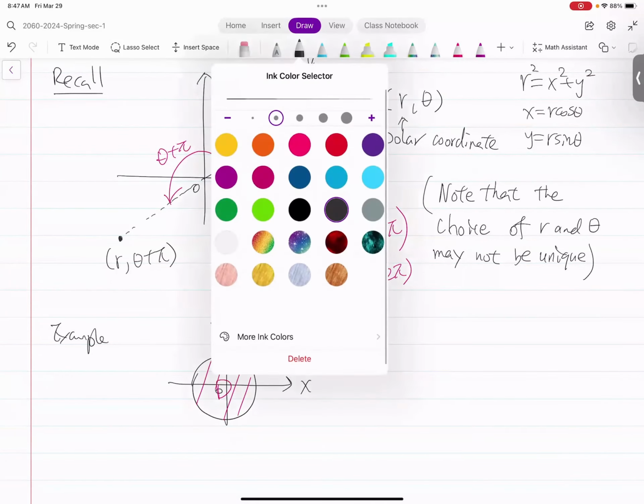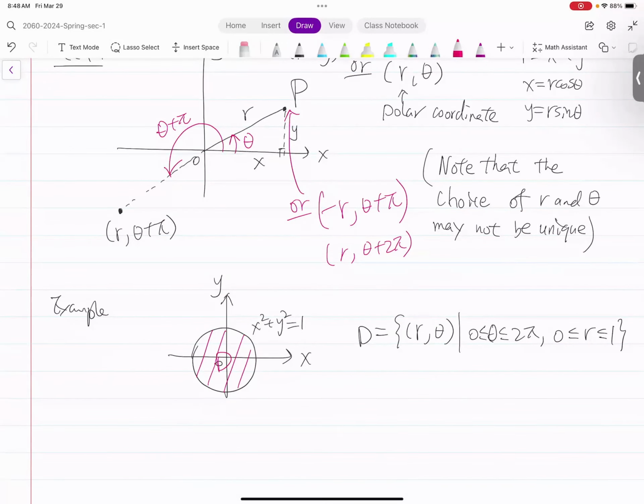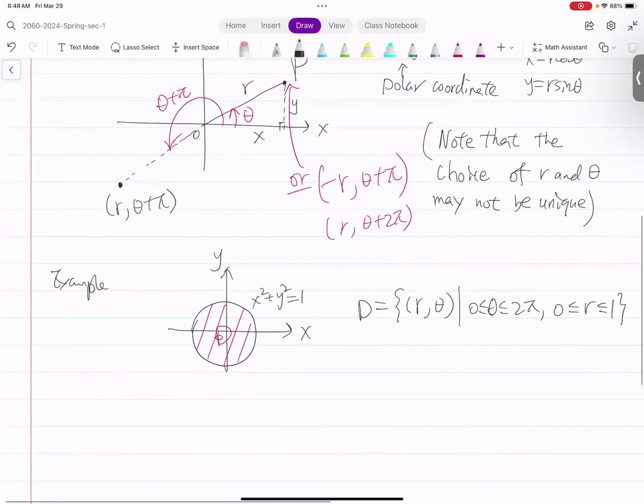So we can describe it as D equals the (r, theta) pairs, where theta is free between 0 and 2 pi. I just pick one period, so it covers every direction within the xy plane only once. And r is between 0 and 1. So the upper bound of the distance is 1, and we make sure that the distances are positive. So it's good.